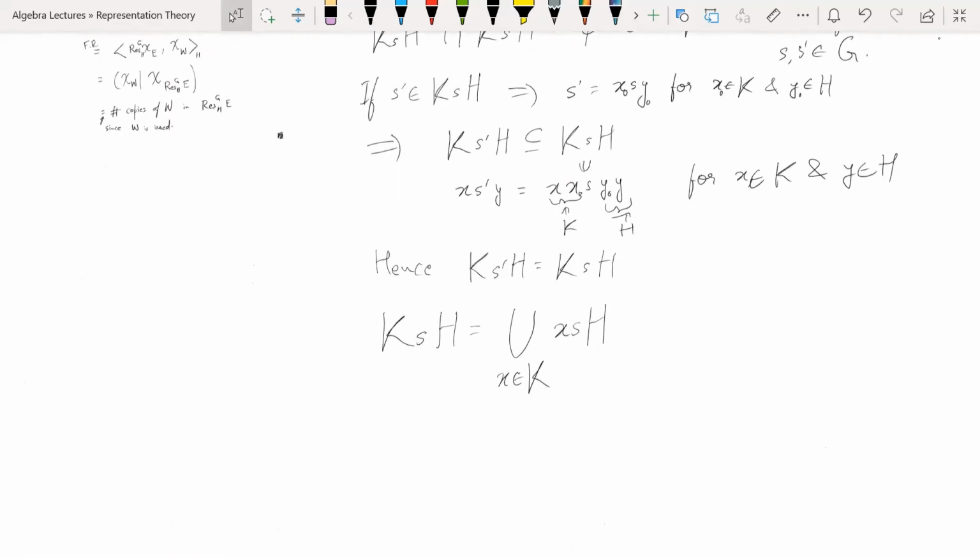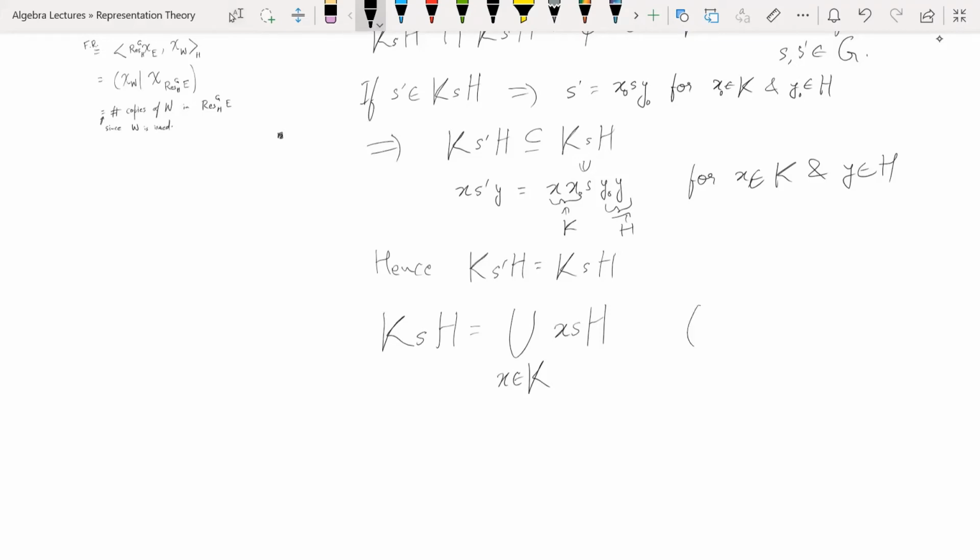Of course there are many repetitions here because K is a group. So xs and x's may give you the same left coset. In fact, you can figure out how many.